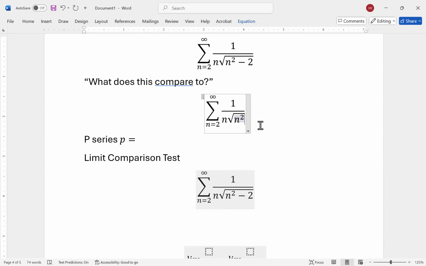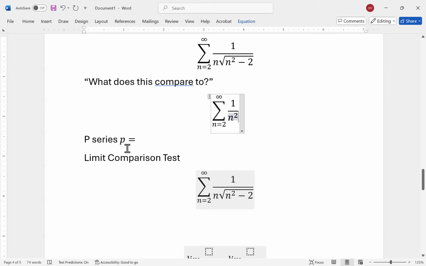Square root of n squared is just an n. So I get n times n in the denominator, which is just like n squared in the denominator. If I'm going to do this comparison, then I'm going to use that as my comparison.